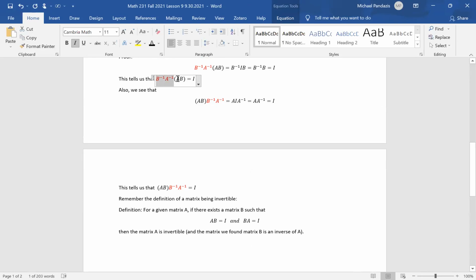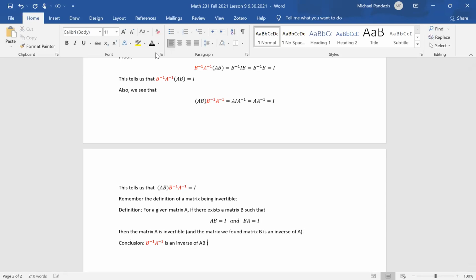This is a matrix where if we multiply on the left by AB, we get I, and if we multiply AB on the right by it, we get I. And so, as a conclusion, we conclude that this matrix B inverse A inverse is an inverse of the matrix AB, and also that AB is invertible, right?